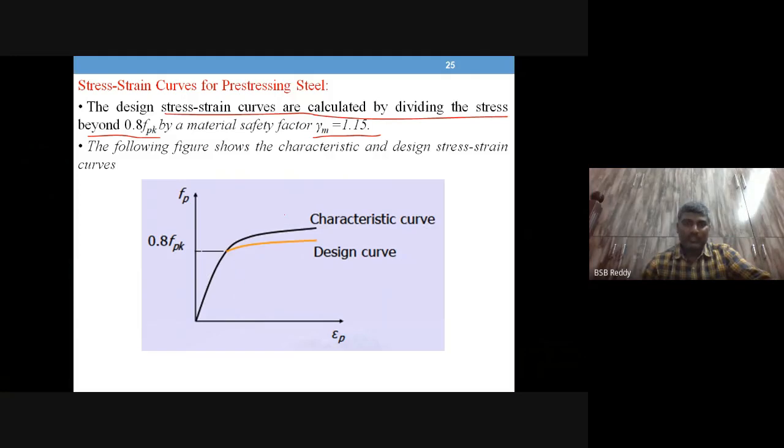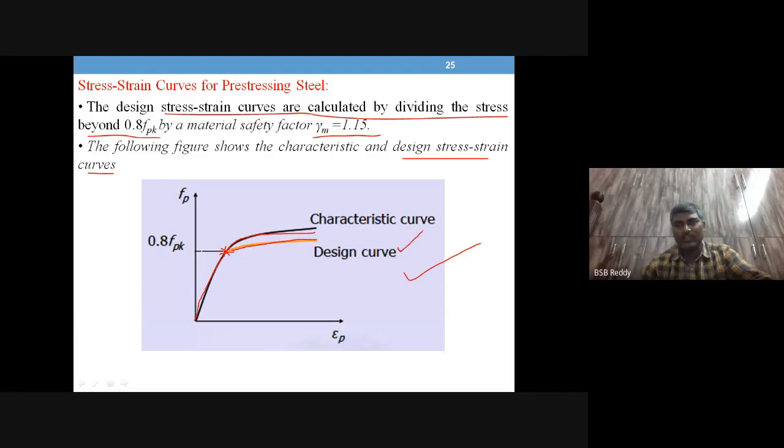And this is just given in this diagram with a characteristic curve and design curve put together. So imagine this is the stress strain curve, where these values beyond this point, I mean 80% of the ultimate strength, divide these values by 1.15 and you get this line.